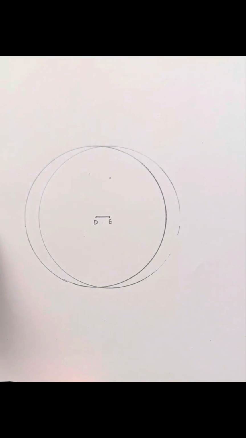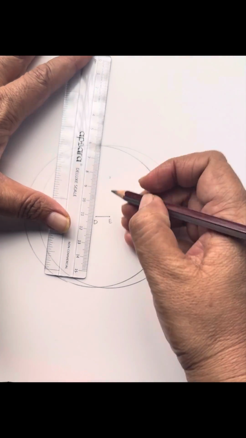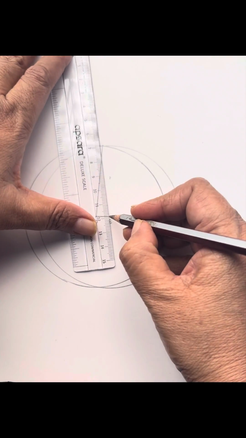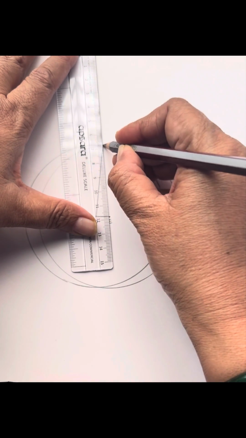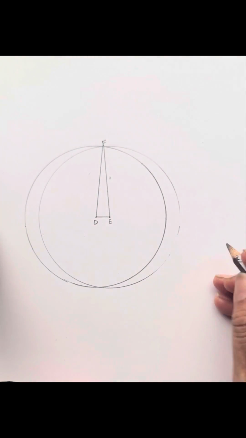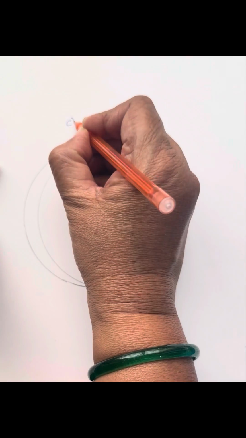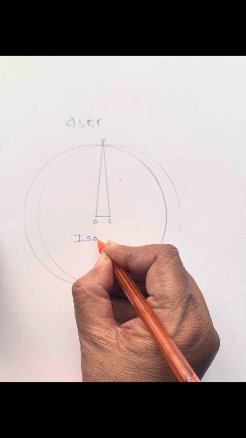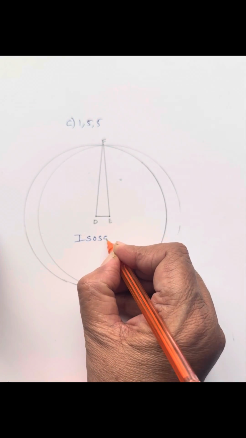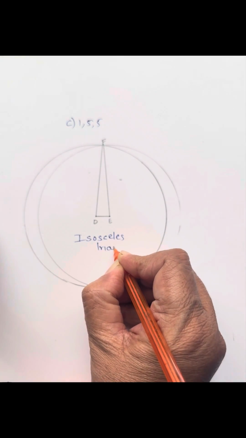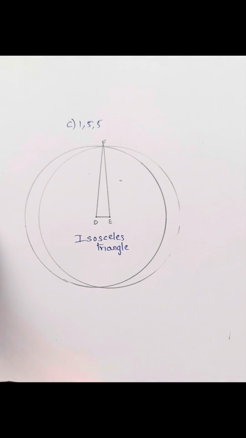So that point where they both intersect, this point we can name it as F. And so we got an isosceles triangle. This is question number C. The sides are 1, 5, 5, and this is an isosceles triangle. Okay, the two sides are equal in this case.